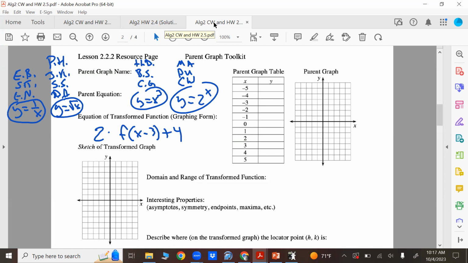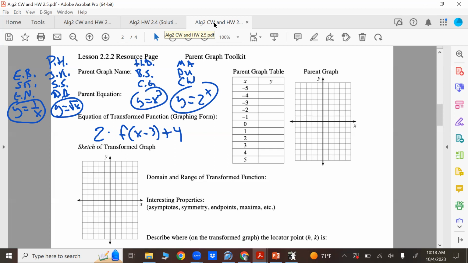So this obviously comes from this. Multiply by two.